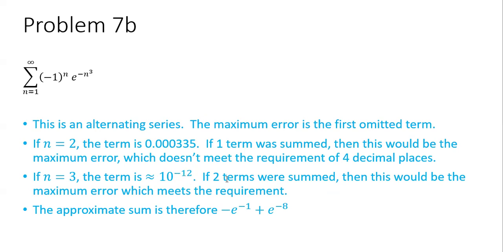That means if 2 terms were summed, this 10 to the -12 would be the maximum error, which clearly meets the requirement of 4 decimal places. 4 decimal places is 10 to the -4. So the approximate sum, therefore, is the first term when n equals 1, which is -e to the -1, plus n equals 2, which is e to the -8. And you should punch this into the calculator. I forgot to do that, but that's the approximate sum.